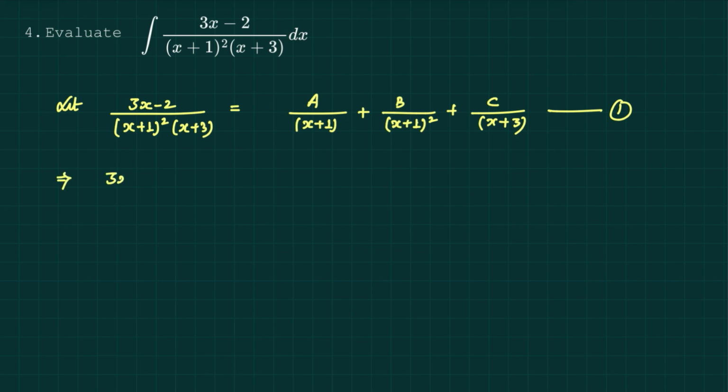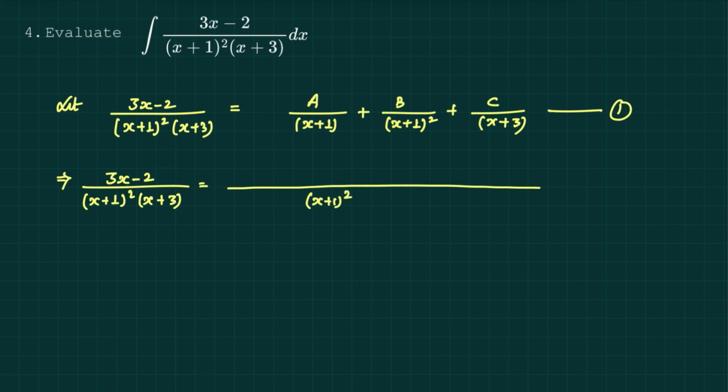This implies (3x minus 2) over (x plus 1) whole square into (x plus 3) equals, taking the LCM, x plus 1 whole square into x plus 3, because the LCM of x plus 1 and x plus 1 whole square is x plus 1 whole square only.